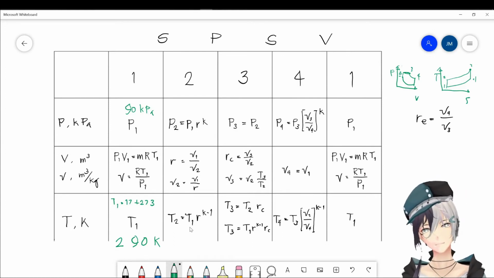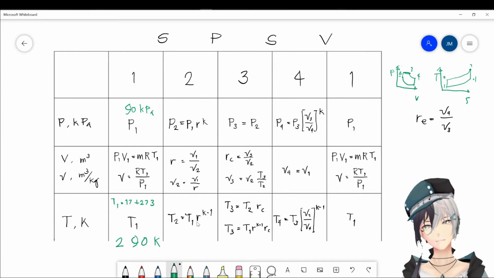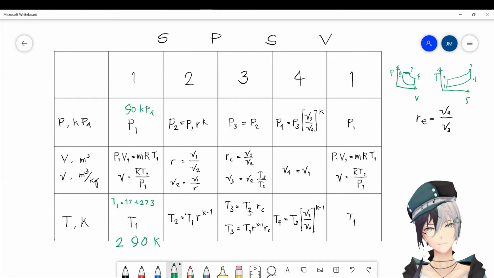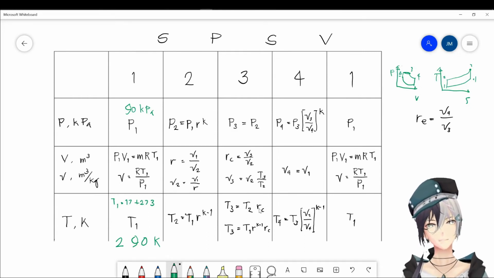Temperature 2 is expressed like this, T sub 1 times r to the k minus 1. And temperature 3 is simply temperature 2 multiplied by r sub c, the cut-off ratio.